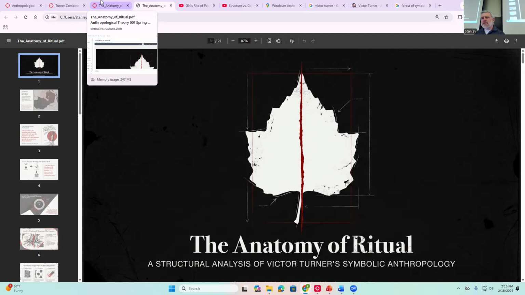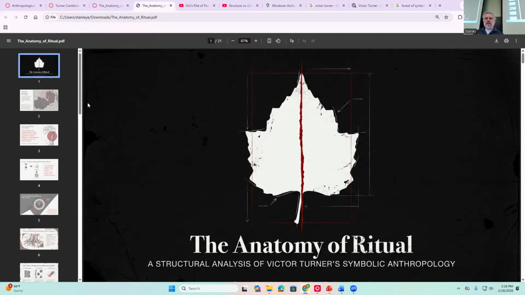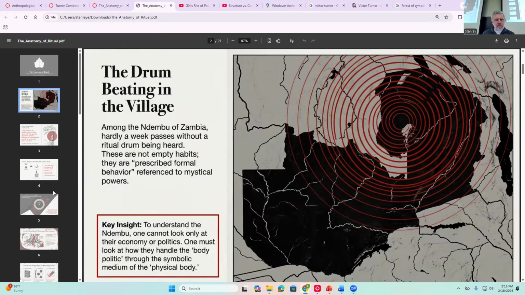And Turner's real contribution was to take these 2 things, which seem really antithetical to each other, mash them together and come to some kind of synthesis. And he did this through looking at ritual, because ritual is one of those places in society where we see the encapsulation of both things, right?